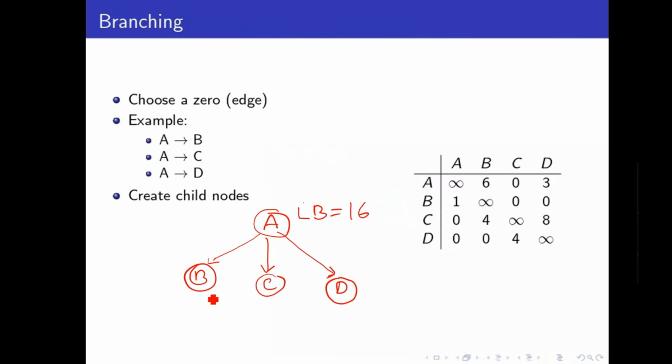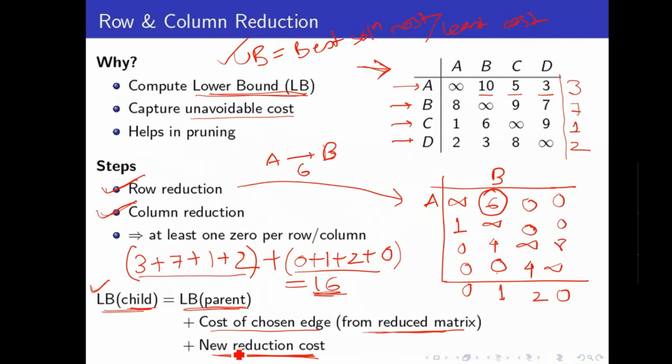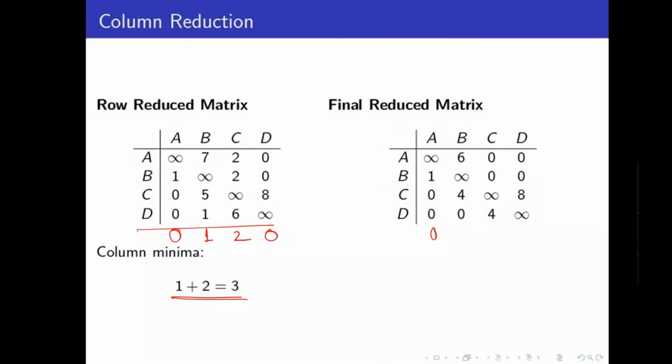Now for each of these we have to calculate the lower bound, where the parent lower bound of 16 will be used along with the edge cost. We will come to that. Before that, let us calculate the reduction cost, as we discussed here.